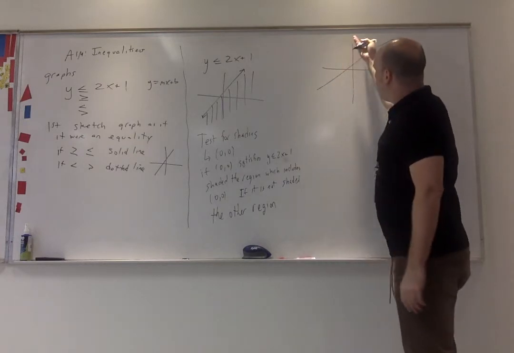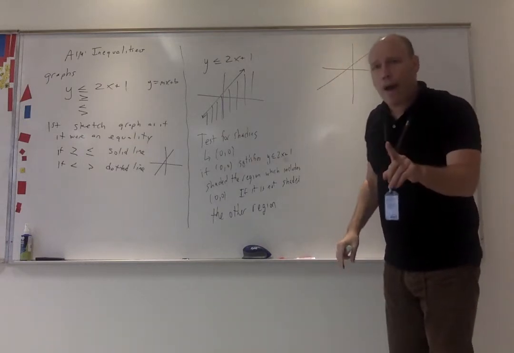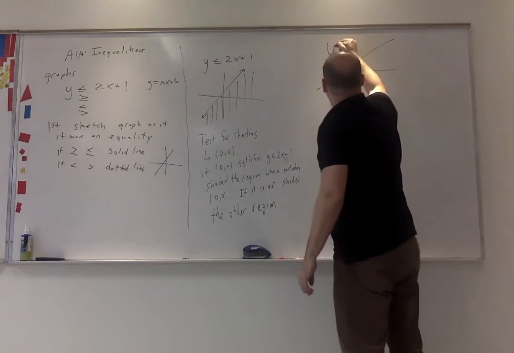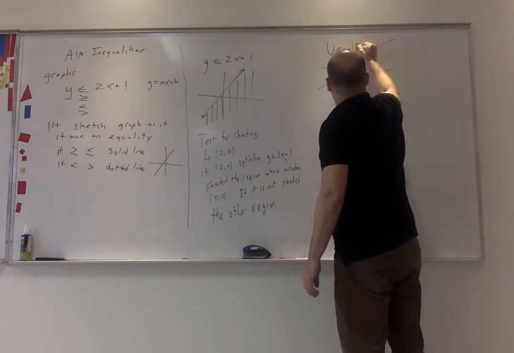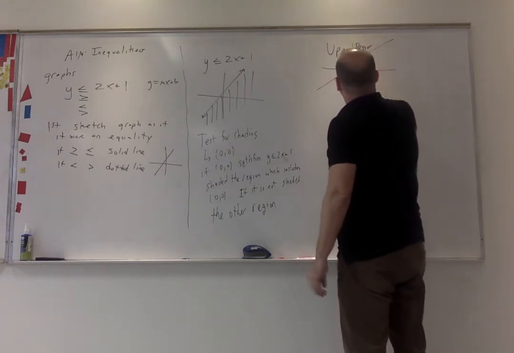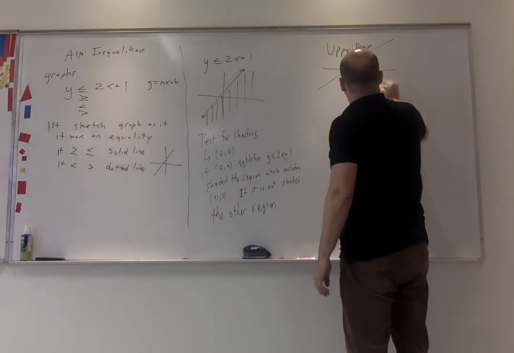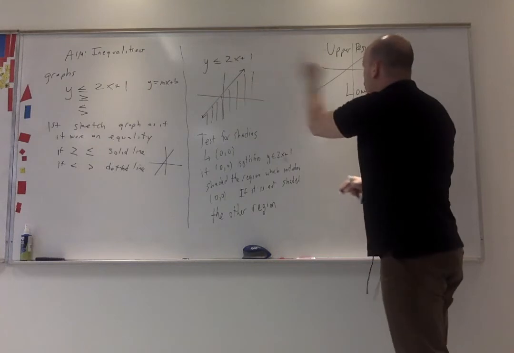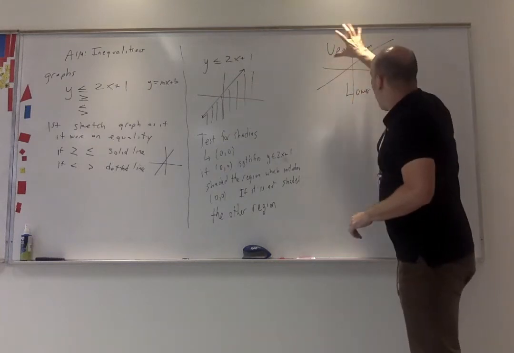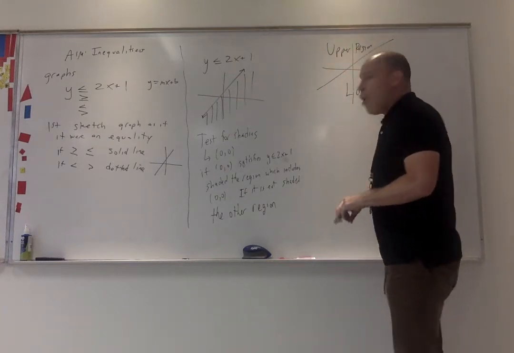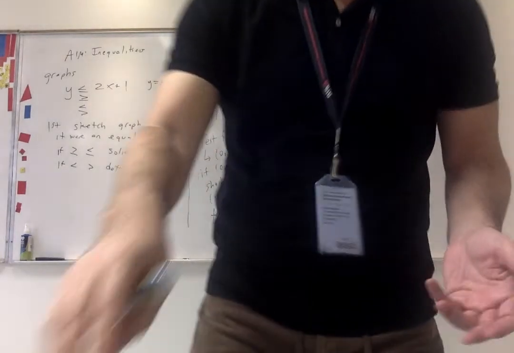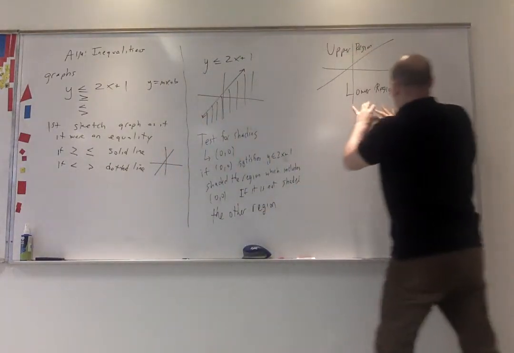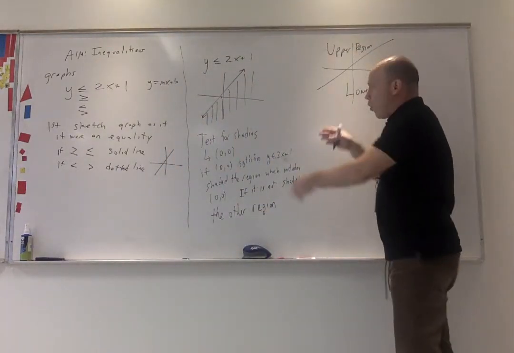Whenever you graph a line, you create an upper region and a lower region. We do not have a left and a right. No, you have an upper and you have a lower. Think about the vertical line test. So the question is, what do I shade?